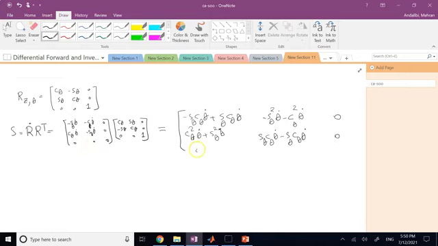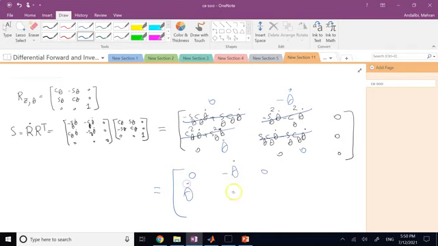Then 0 times everything is simply 0. Now if you simplify, you clearly know this is 0, this is 0, this is negative theta dot, because if you factor out negative theta dot, it's sine squared plus cosine squared, and this is positive theta dot. So if I rewrite it for you, it's 0, negative theta dot, 0, theta dot, 0, 0, 0, 0, 0.